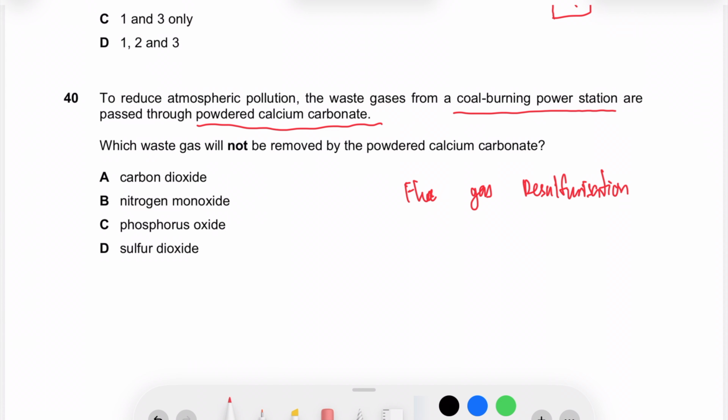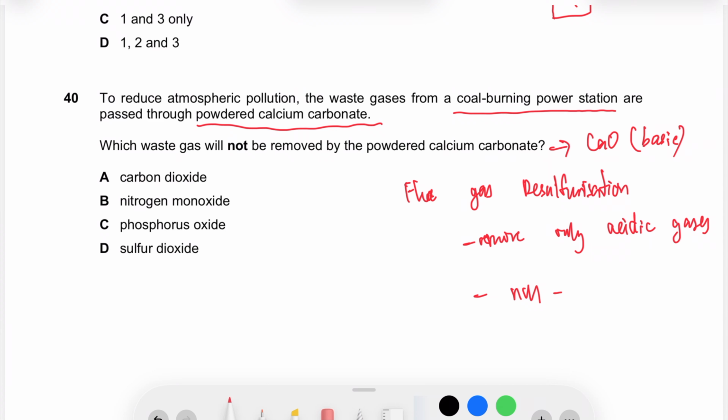Okay, so your calcium carbonate will decompose to give you calcium oxide, which is basic. So in other words, it will remove only acidic gases, or in other words means what? Non-metal oxides.